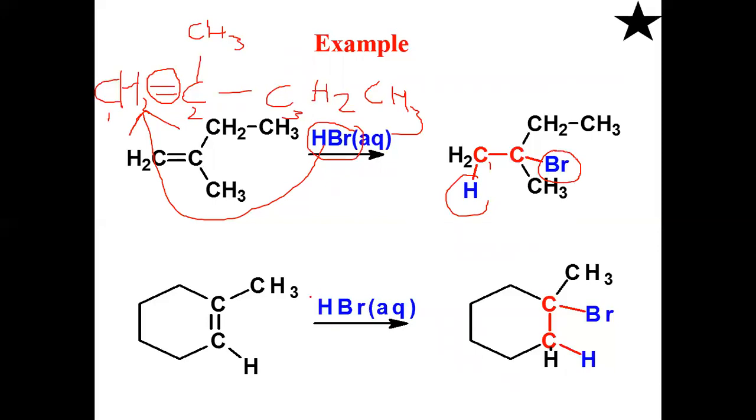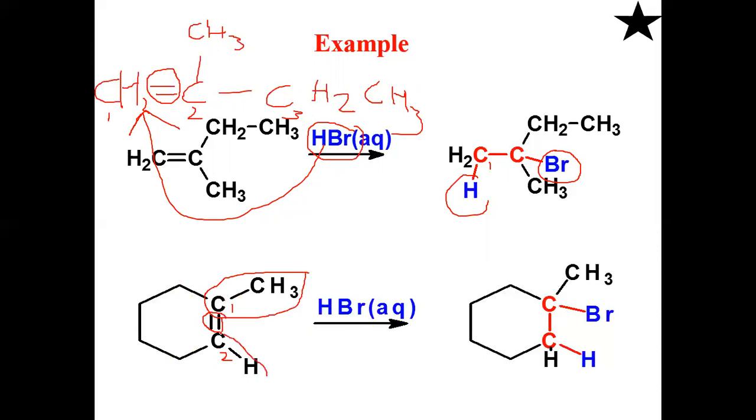So the same goes here. The second example of your cyclic compound. So this is your cyclohexene. Okay, so cyclohexene kamu HBr nak masuk. So look at the double bond. Tengok attachment of your two carbons kat double bond tu. So this is your carbon 1, this is your carbon 2. Tengok carbon 1, there is no H attached directly to your carbon 1.